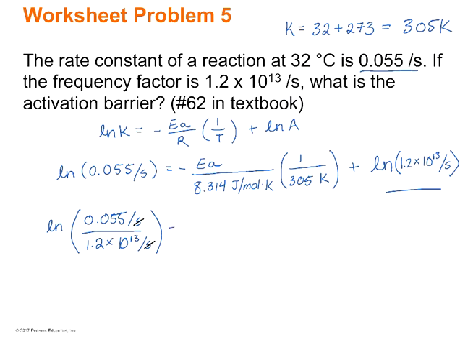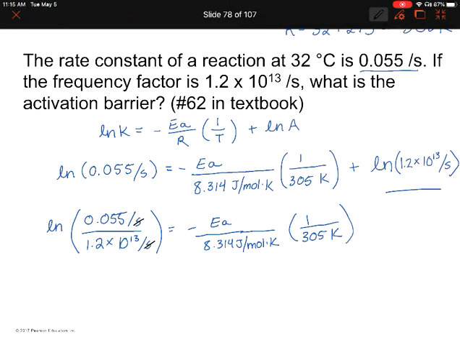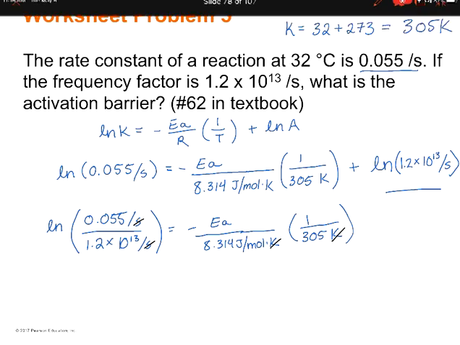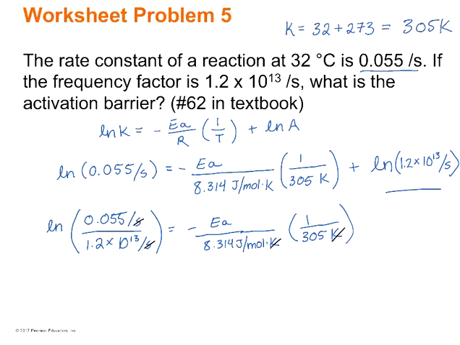Okay, so next we're going to set that equal to negative EA over the gas constant times 1 over 305 Kelvin. And here we can also see that units are canceling, so Kelvin will cancel. All right, so now we just need to plug some things into our calculator and rearrange.